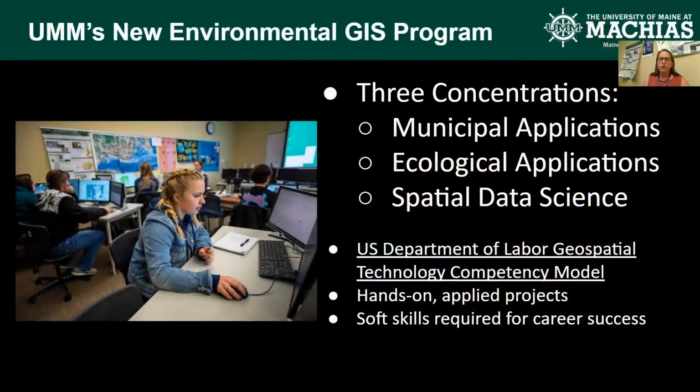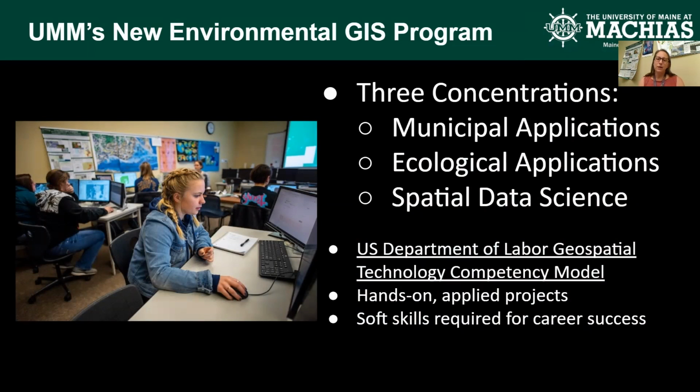Our environmental GIS program is new. It's starting this fall, so we are accepting new students into this new program. It has 3 concentrations: municipal applications, ecological applications, and spatial data science. So that allows people to choose whatever direction they want to take it. As you know, GIS is a really broad field, but the focus is primarily environmental applications of GIS.